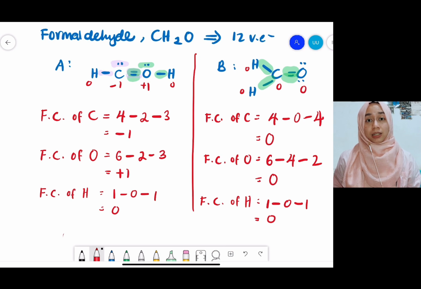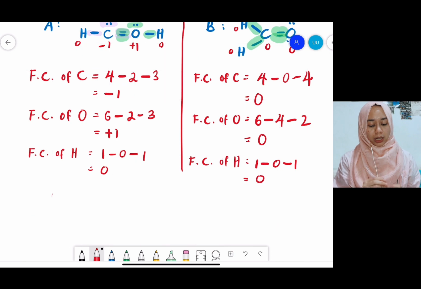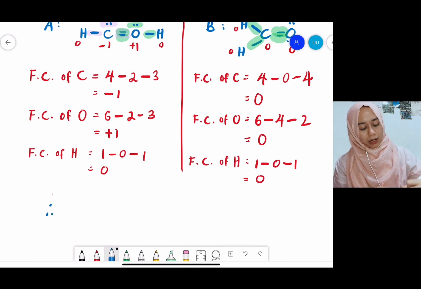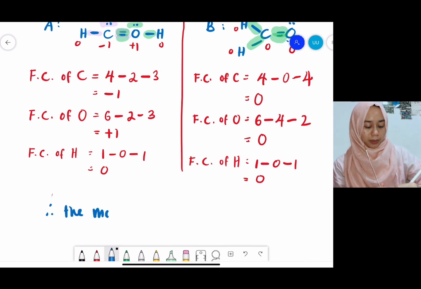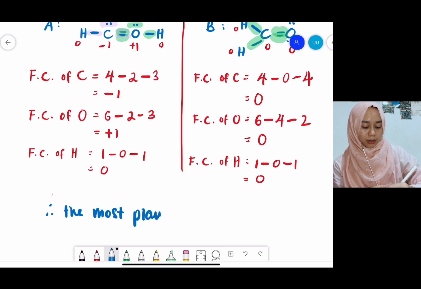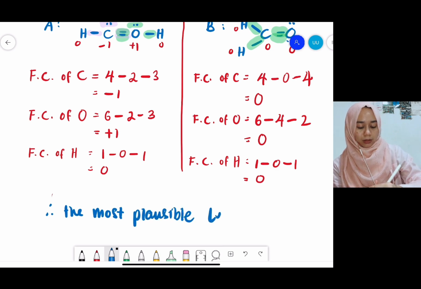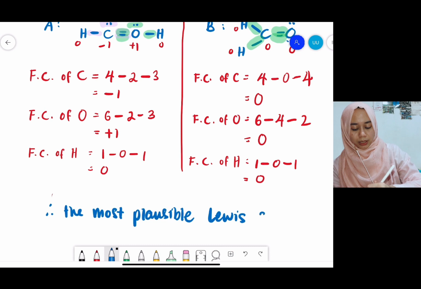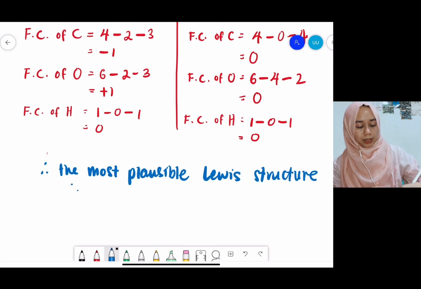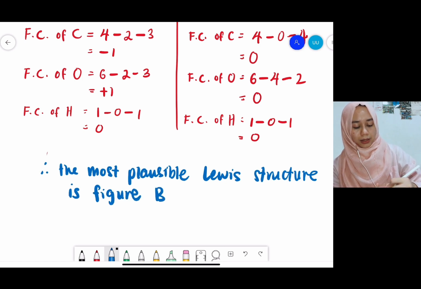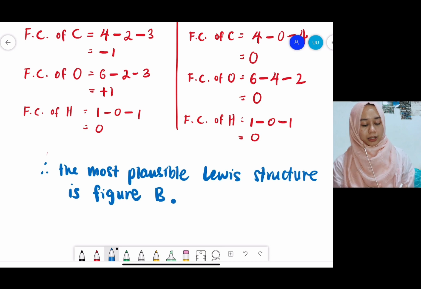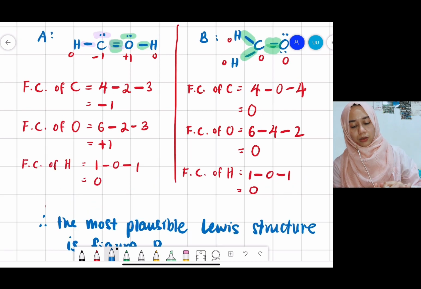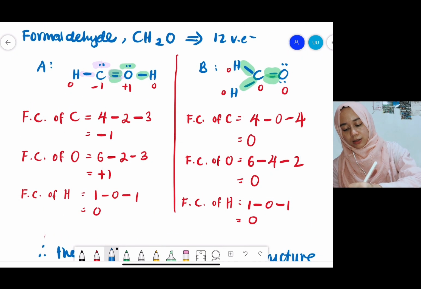One of the structure total formal charge dia semua 0, which is B. Therefore kita boleh concludekan yang the most plausible Lewis structure is figure B.